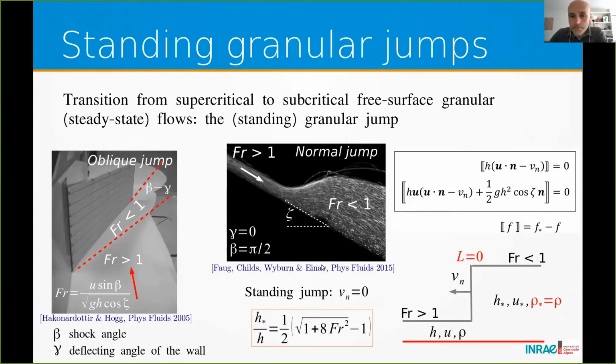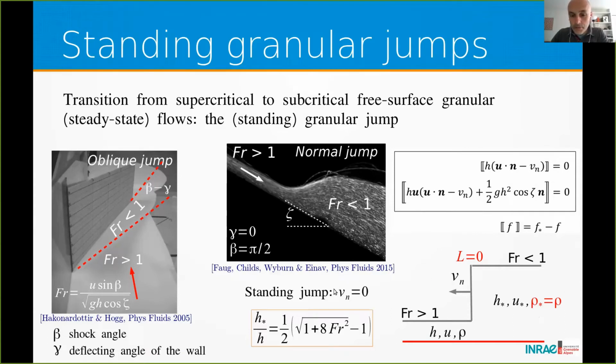In general, those jumps are described by a mathematical abstraction. This is what is implemented in depth average models. In fact, we assume that the length of the jump is 0. There is a shock, so the volume of the jump shrinks into a singular surface, as shown in this sketch. In addition, for shallow water equations, for example, we generally assume that the density is constant across the jump. So the typical shock equation for shallow water flows is here.